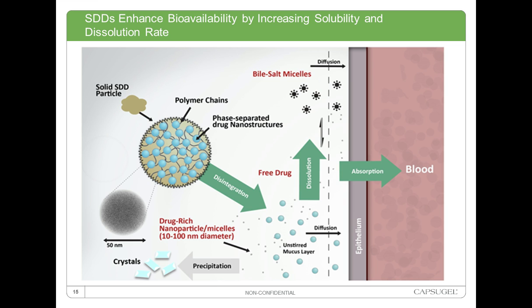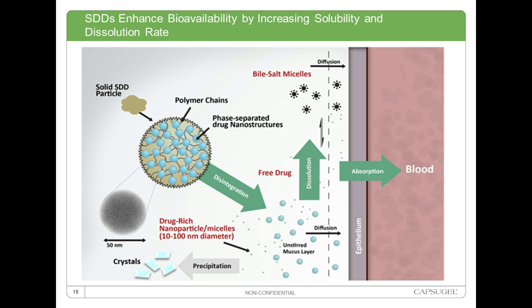the drug obviously needs to dissolve and then eventually permeate across the epithelial cell wall or cell membrane to get into the bloodstream. The species that we consider when we look at SDD dissolution, what we call speciation, is where the drug molecules are residing in this plot.